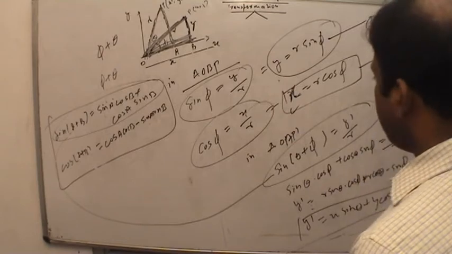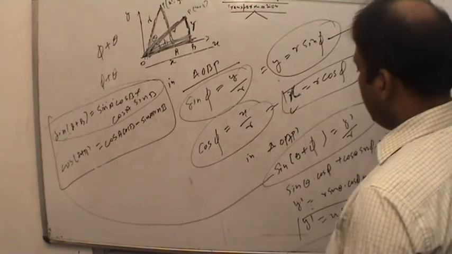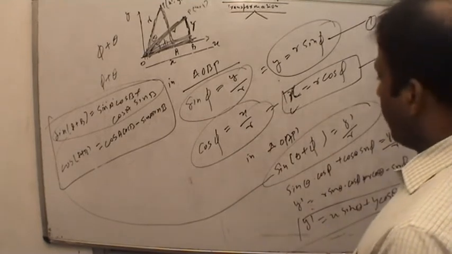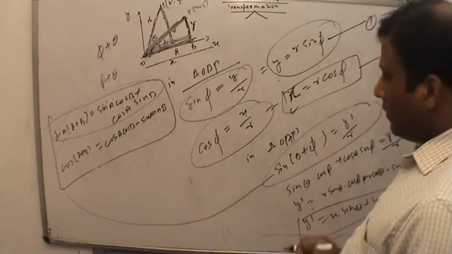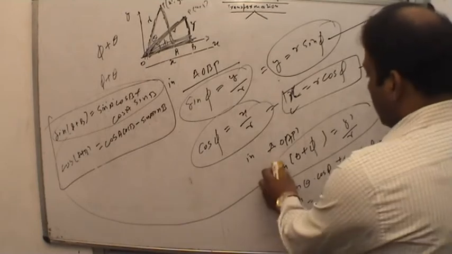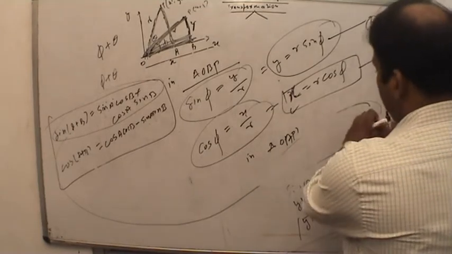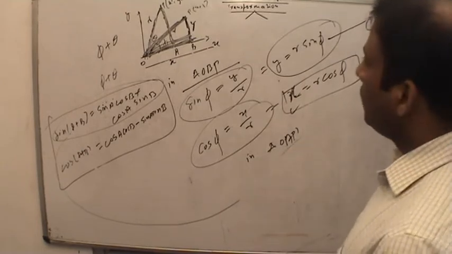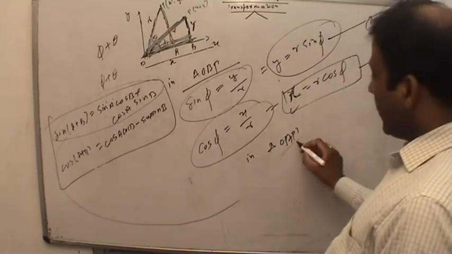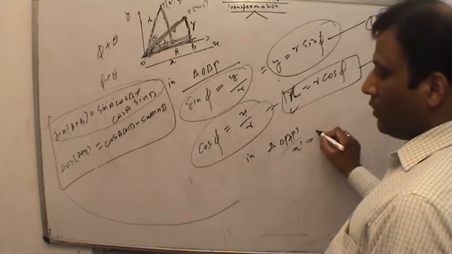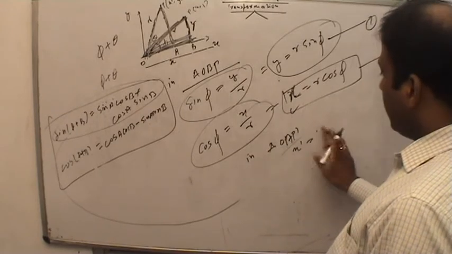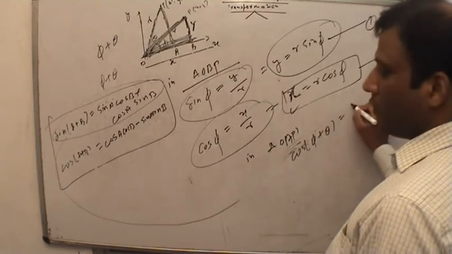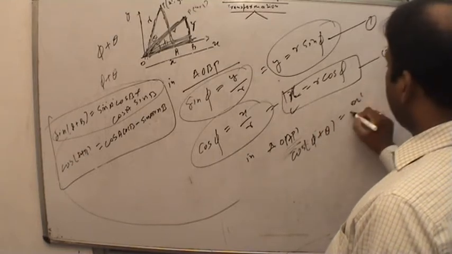Now we are going to discuss the equation in OBP dash for x dash: cos of phi plus theta is equal to x dash by r.